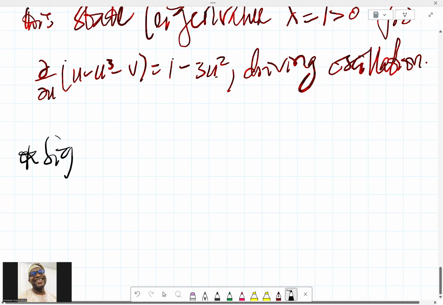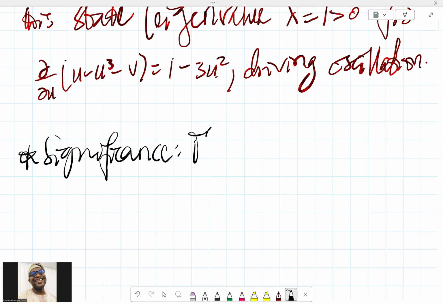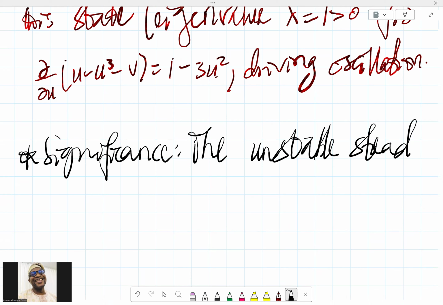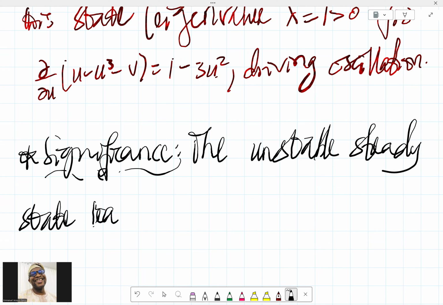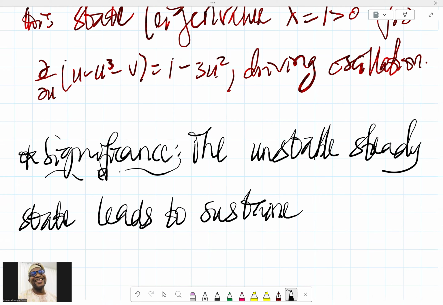The significance of this is that the unstable steady state leads to sustained waves.